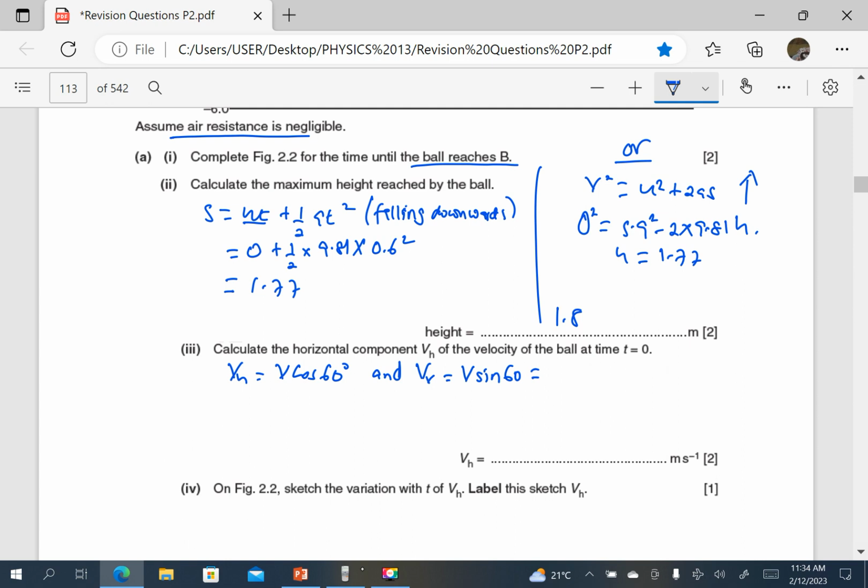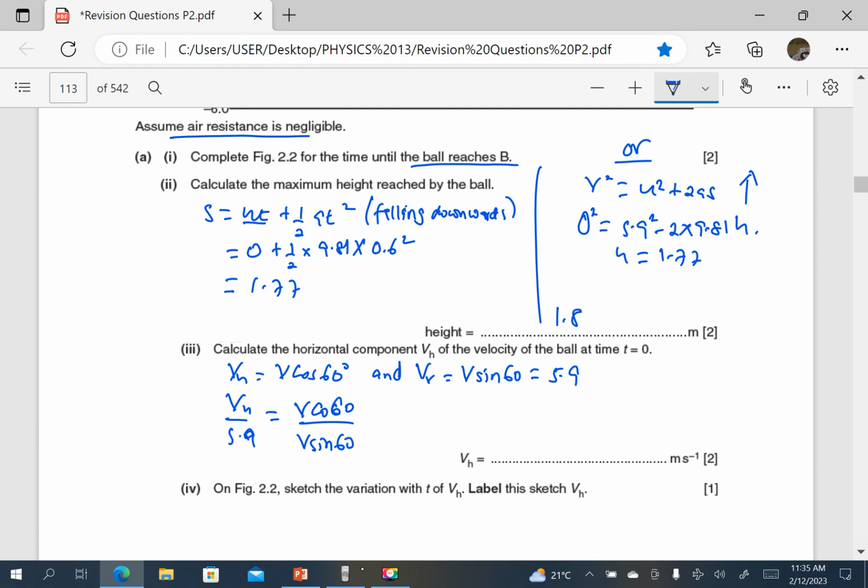But this one has been given as 5.9 from the graph. So I'm going to divide equations. V in the horizontal over 5.9 should be equal to V cos 60 divided by V sin 60.